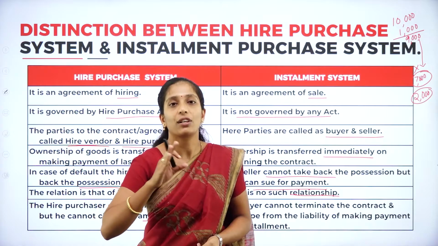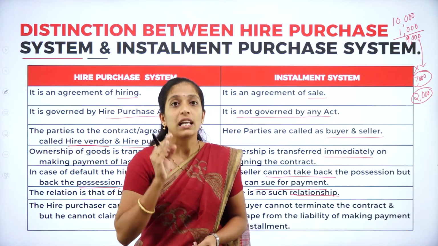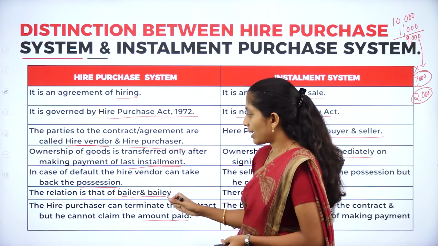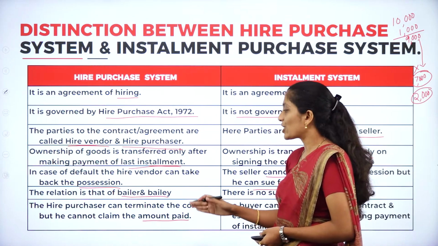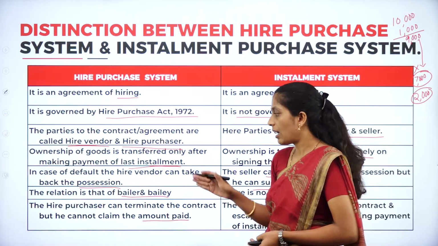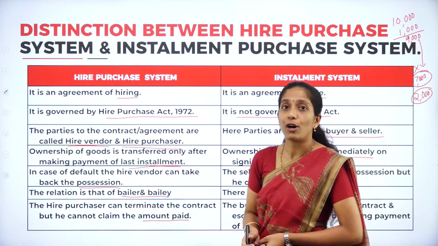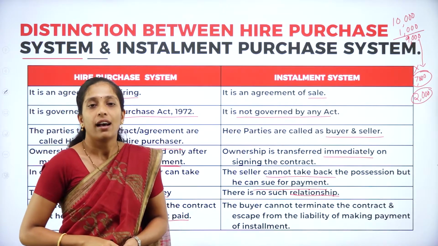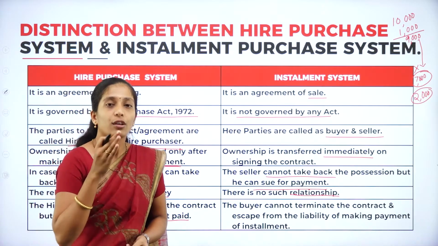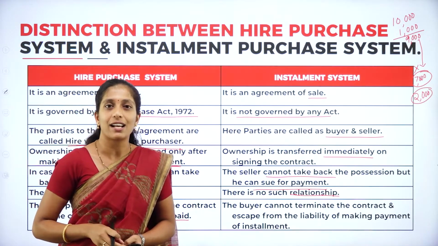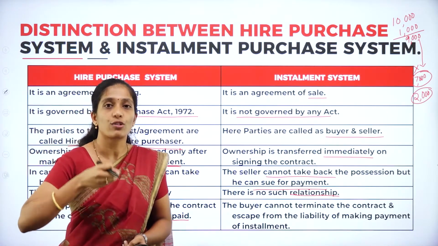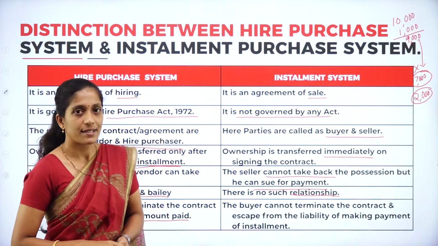At the same time, he will not get the goods also if he fails to pay any of the installments. So this point tells that the hire purchaser can terminate the contract, but he cannot claim the amount paid. So whatever amount is paid will not be refunded by the hire seller. Here the goods also will be taken by the hire seller. At the same time, whatever amount was paid by the hire purchaser will also be a benefit for the hire seller.